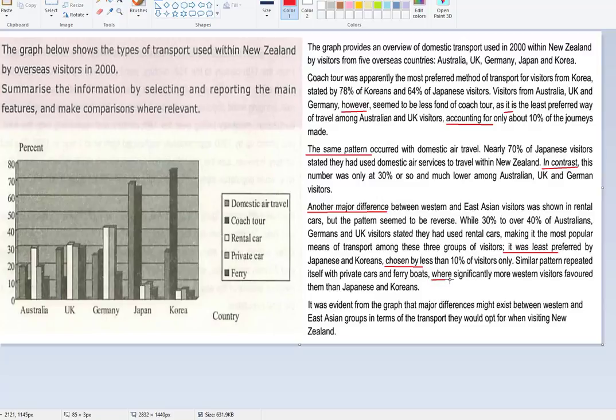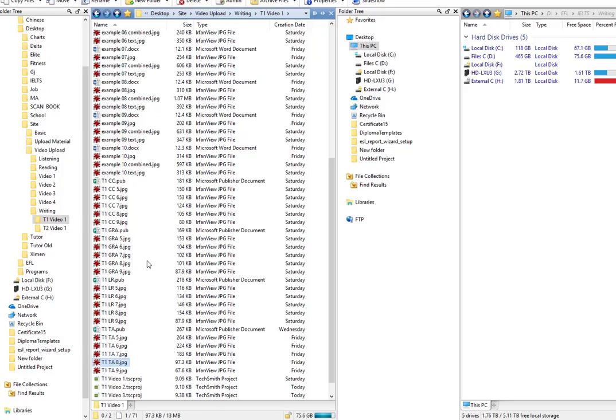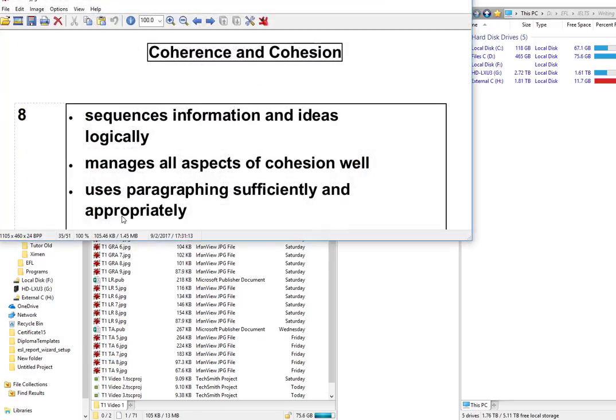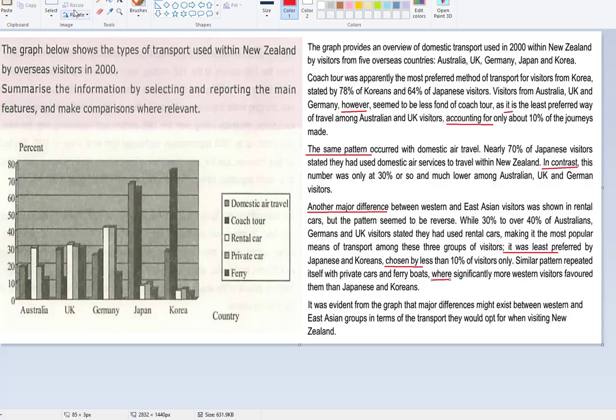Where significantly more visitors favor them. Okay. So for coherence and cohesion, I think all aspects of cohesion. Well, yeah, 8. Good. Let's move on to look at vocabulary.